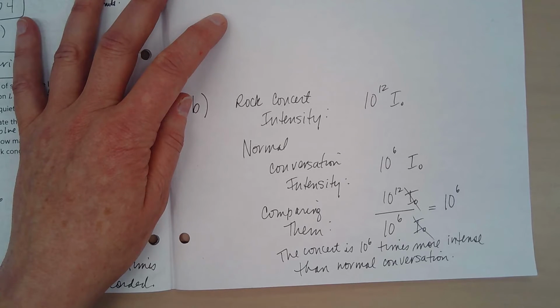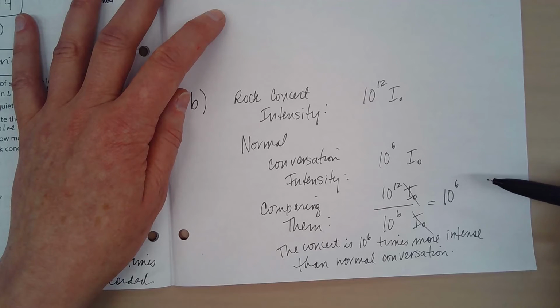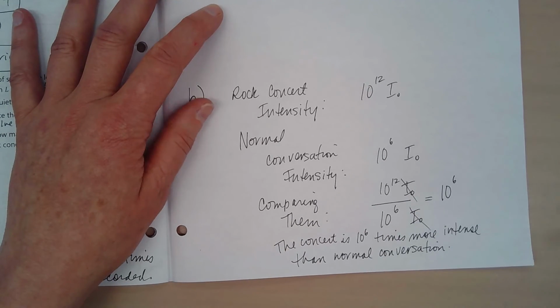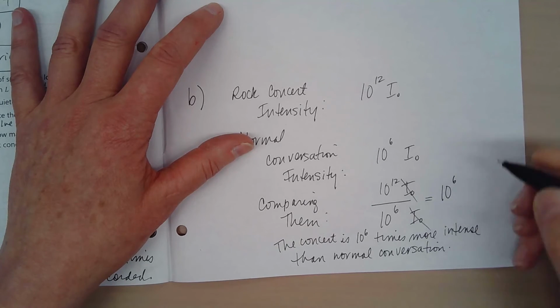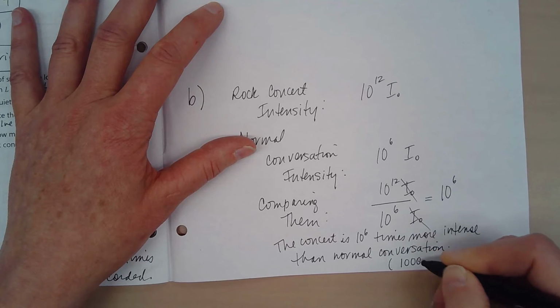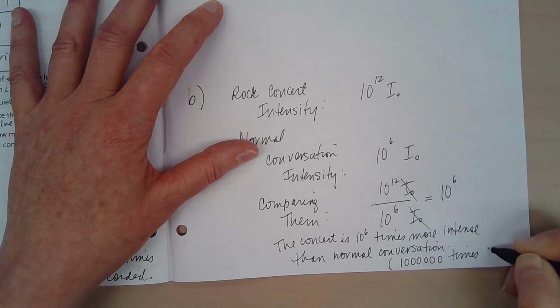Isn't that 1,000,000? 10 to the power 6. If it's a whole number, it's just a series of zeros. If you get something like 6.2 or 6.5, then it's different and you'd have to punch that into your calculator. But 10 to any whole number power just tells you how many zeros are in the answer. This would be 1, 2, 3, 4, 5, 6, so 1,000,000 times as intense.